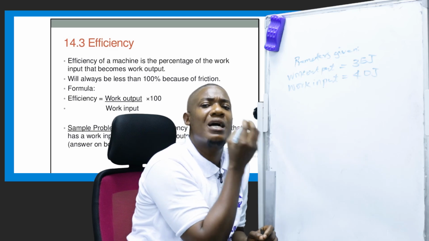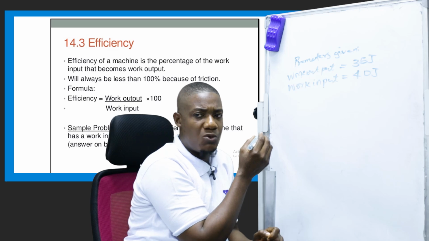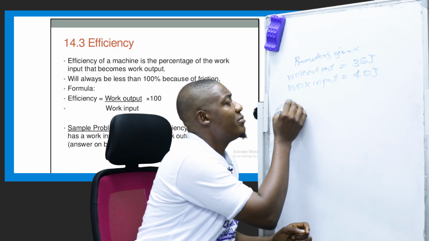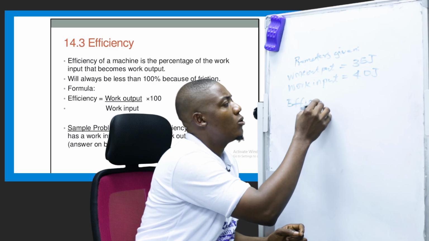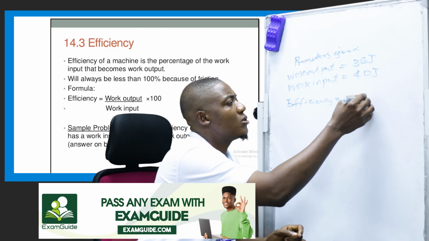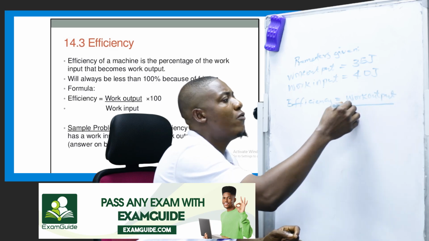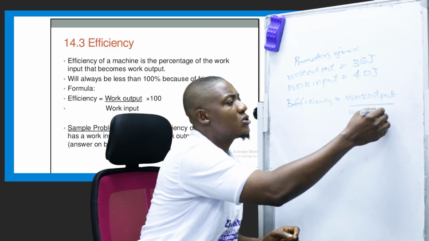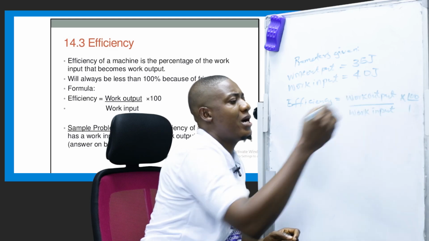Now, we are asked to calculate the efficiency of the machine. So we will state the formula that will enable us to calculate the efficiency, which is that the efficiency of the machine is equal to work output over work input times 100 over 1.